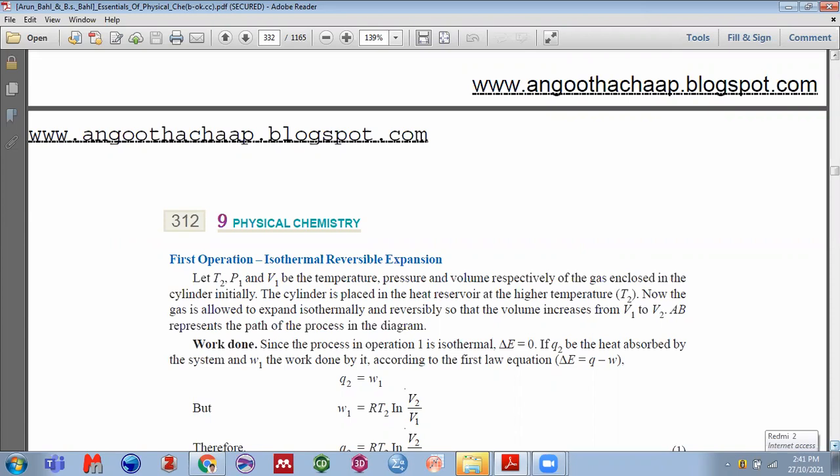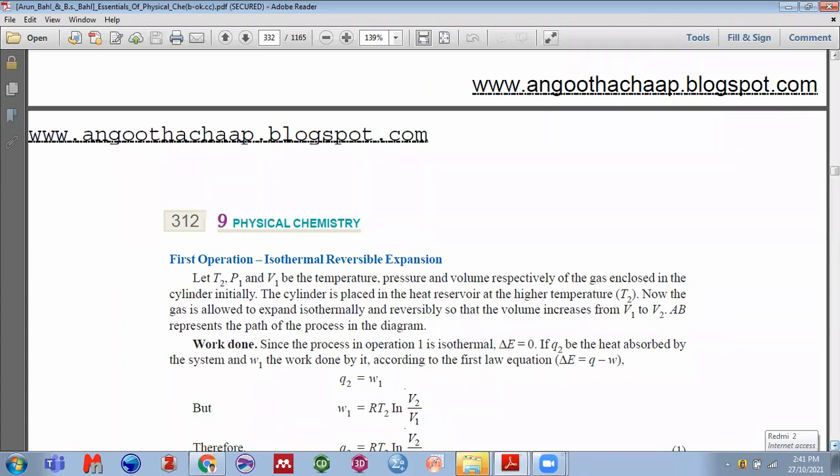The gas expands infinitesimally. Heat equivalent to work done is absorbed from source. The process is repeated till the pressure falls to P2. Volume becomes V2. Thus, it is an isothermal reversible expansion indicated by AB line of the curve.